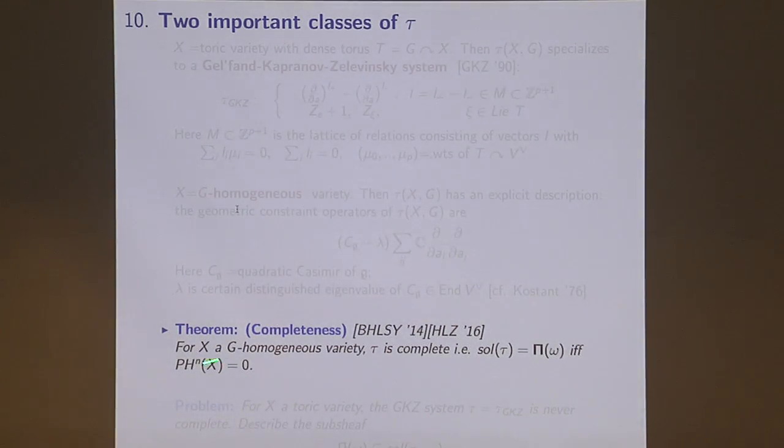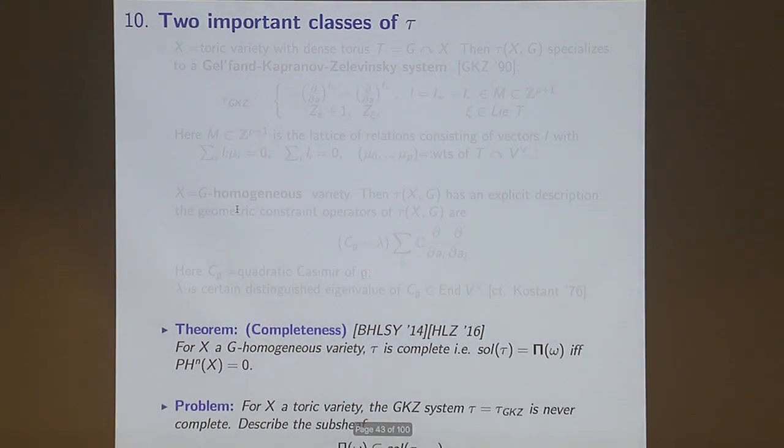So this says that this cohomology is the only obstruction to completeness. Now, one might want to ask the same question about the case when X is a toric variety, in which case we just introduced the GKZ system, tau GKZ. Now, it turns out that in this case, unfortunately, the system is never complete.